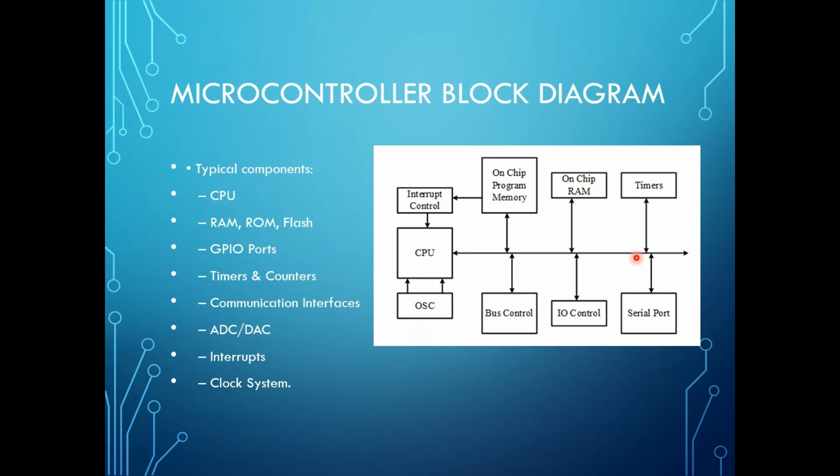We are seeing here timers connected, on-chip RAM, and on-chip program memory. The interrupt control is connected to on-chip memory and the CPU, and the oscillator is connected with the CPU. There is a bus control, input output control, and a serial port. This whole package we call a microcontroller. Each part has a specific job and together they make the system work.